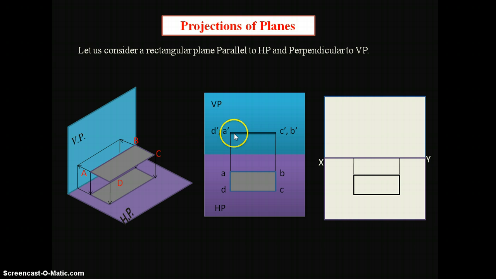The front view is only a straight line, at a distance from the horizontal plane. That means at a distance from the XY reference line. At first I have assumed that this plane is 30 mm above the horizontal plane. That means the distance from the XY reference line to the front view is equal to 30 mm.